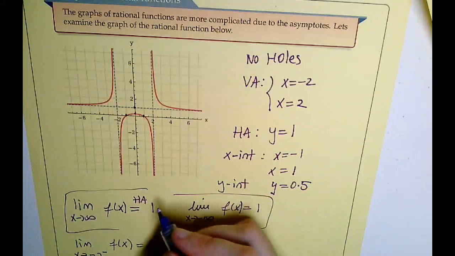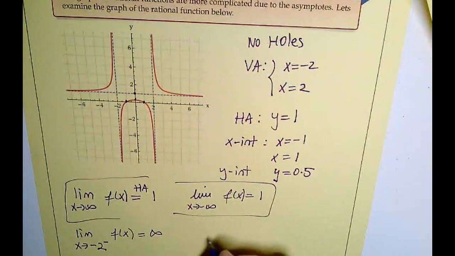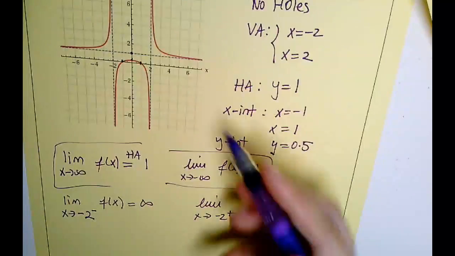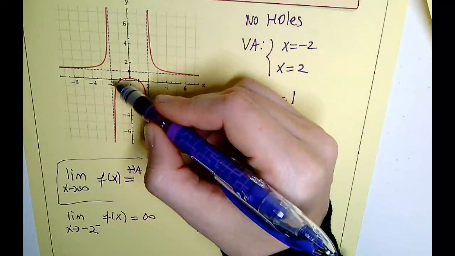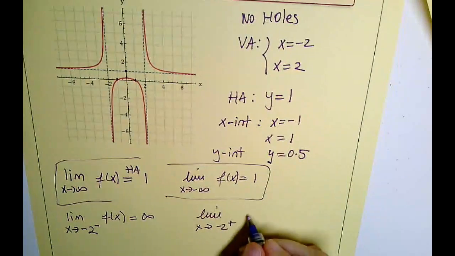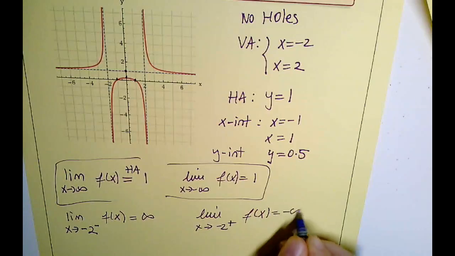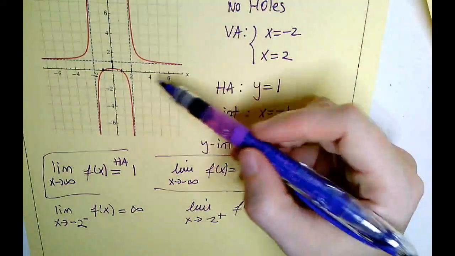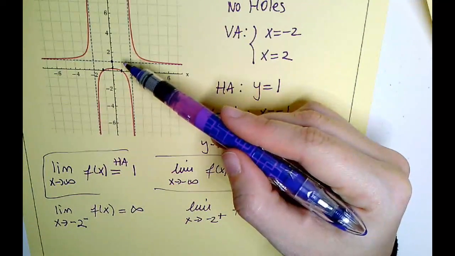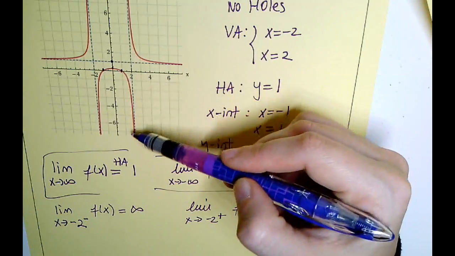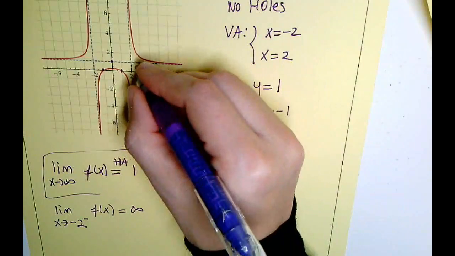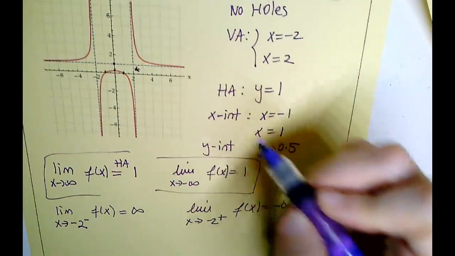What if I want the limit as x goes to negative 2 from the right? If I approach negative 2 from the right, where is the graph going? It goes down to negative infinity. Similarly, the limit as x goes to 2 from the left is negative infinity, and as x goes to 2 from the right, it goes up to positive infinity.